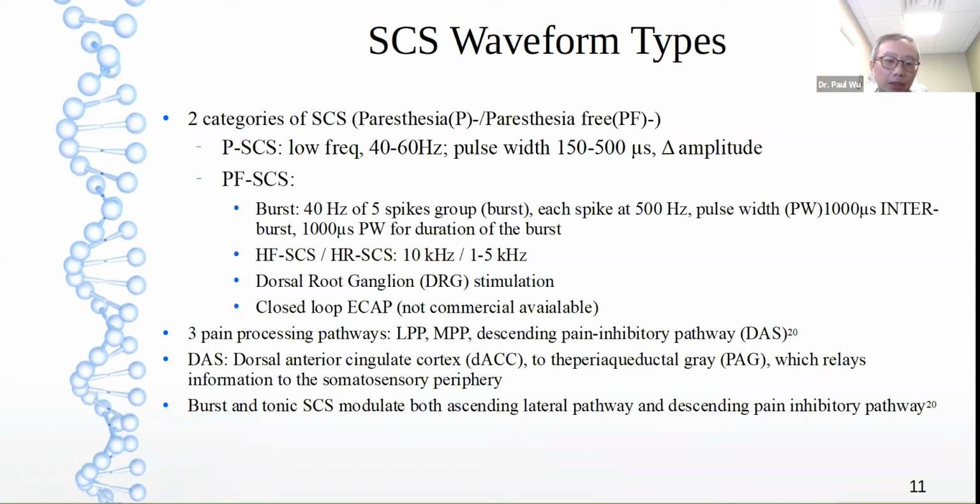In general, burst and tonic spinal cord stimulations, which is what we're going to talk about today, modulate both the ascending lateral pathway as well as the descending pain inhibitory pathway.